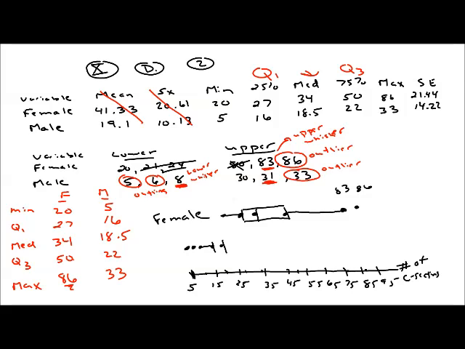Q3 is 22. And well, we have an outlier at 33. And 31 is my max, not an outlier. And that's male. You got to label which one of these is which.